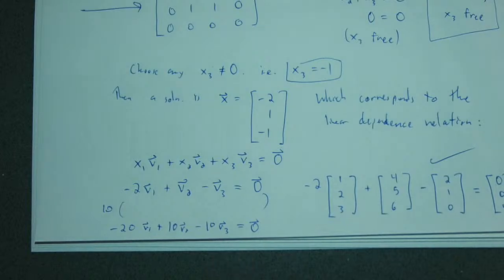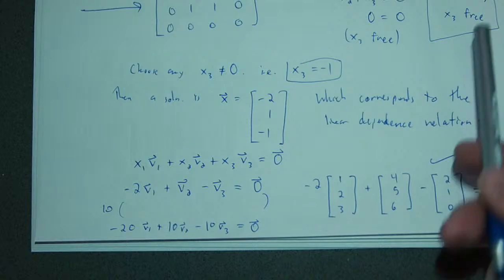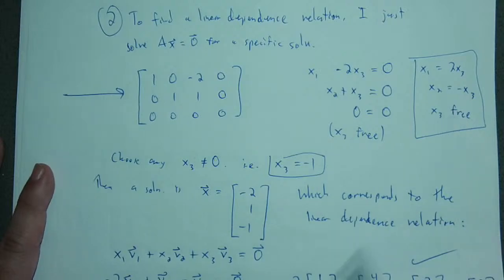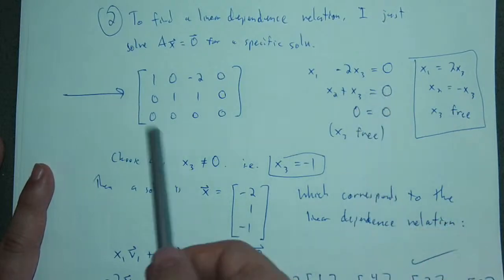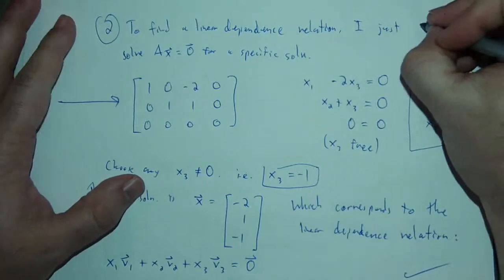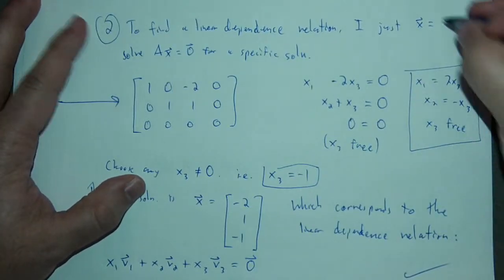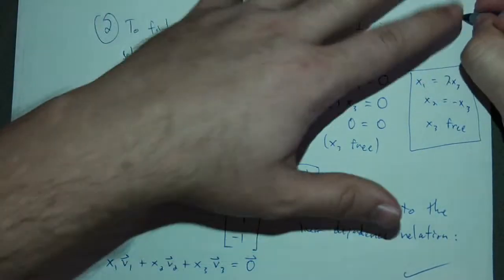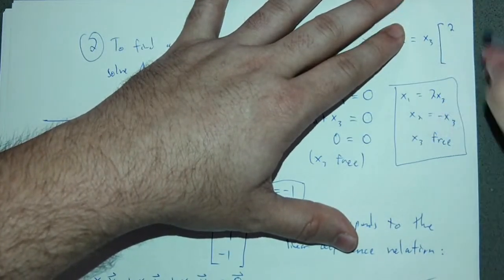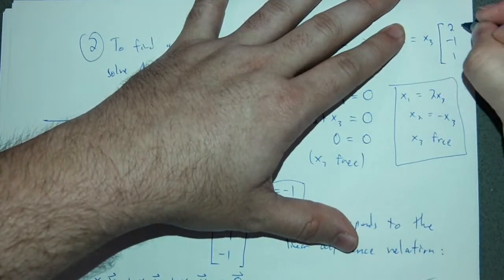Why can you do this? Don't tell me algebra, I know why you can do it on that level. But the point is that going back here, if we had put this in parametric vector form, what would a general solution to this thing look like? Well, it would look like this. My general solution would be x sub 3 times 2, minus 1, 1.